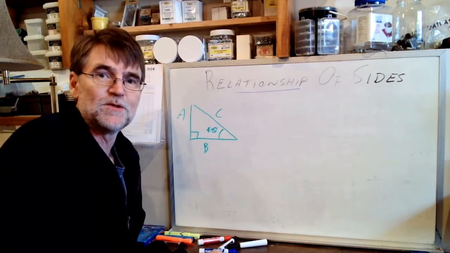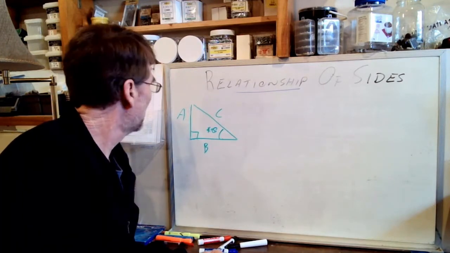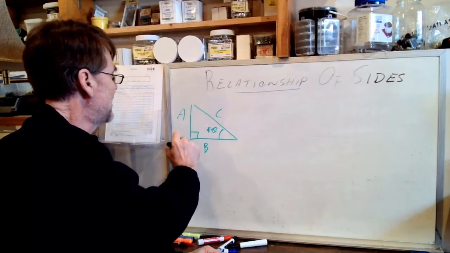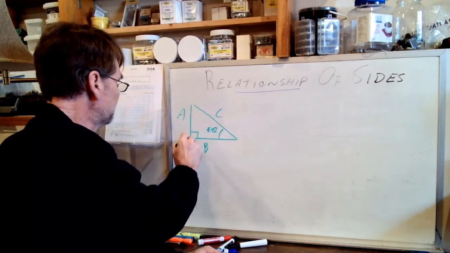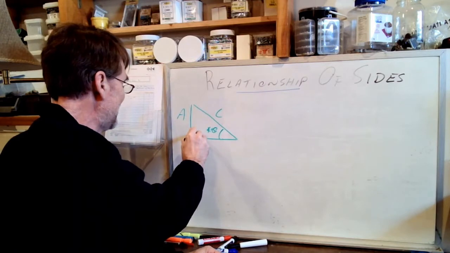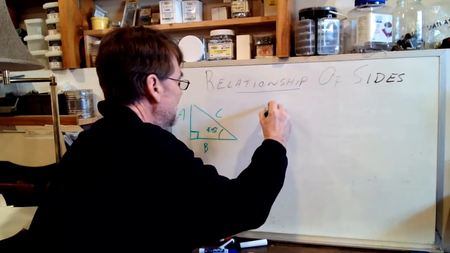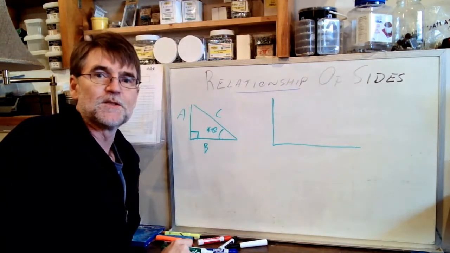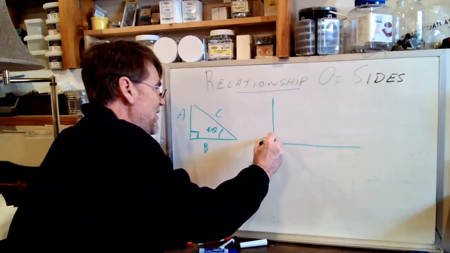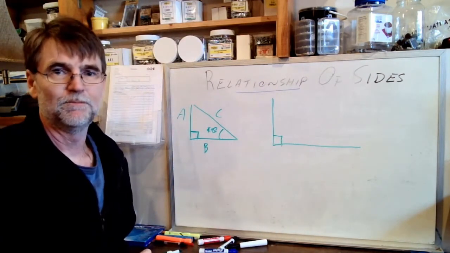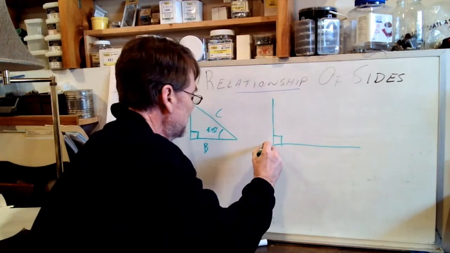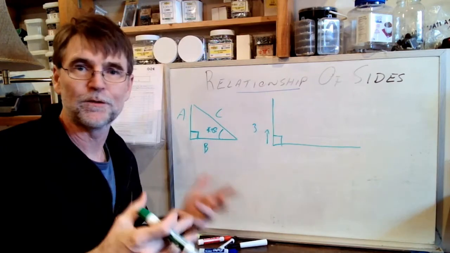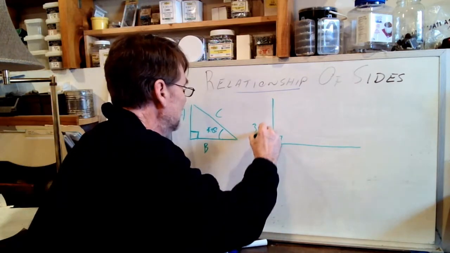In carpentry, they use this all the time. Okay, all the time. Because they know that if they want to determine if this corner is square, okay, so here they are. They're building a house. Okay, they've just built these walls, and they want to make sure that this corner is square. Okay, you measure from the corner in one direction and go out 3 feet, 3 meters, whatever you want it to be, 3 meters.